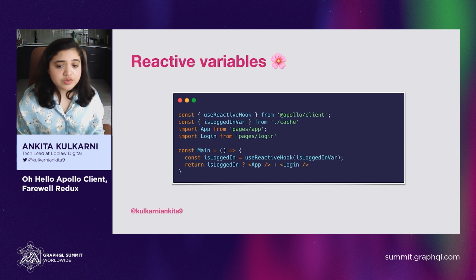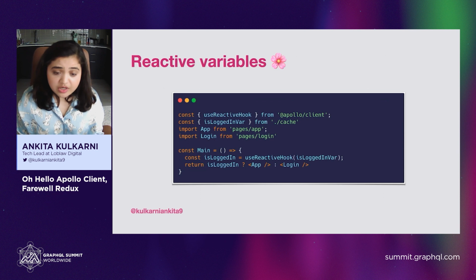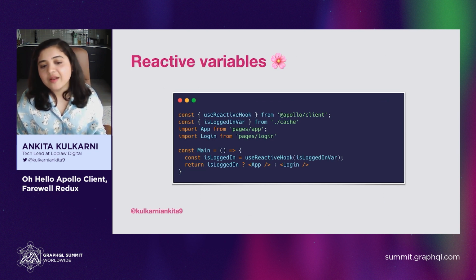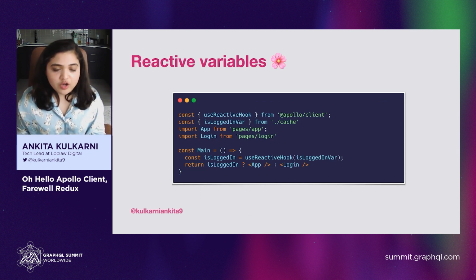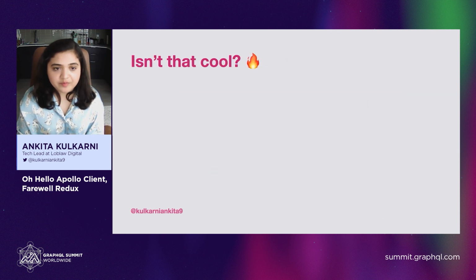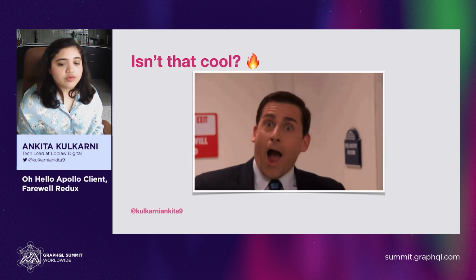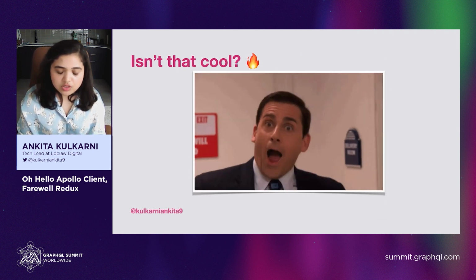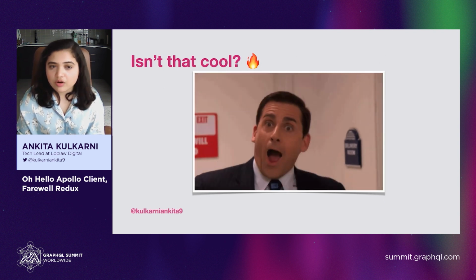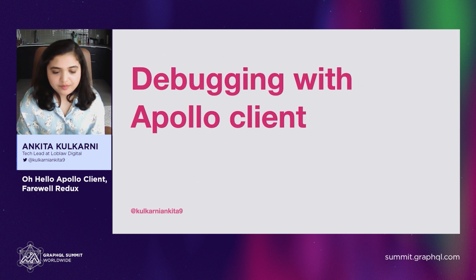So anytime the user is not logged in, because the token expires or not, that would render the login page because this component gets re-rendered. Now, isn't that really cool? I found this super cool. And again, going back to a lot of Redux principles and state management principles, this just solves a lot of the key problems for us.